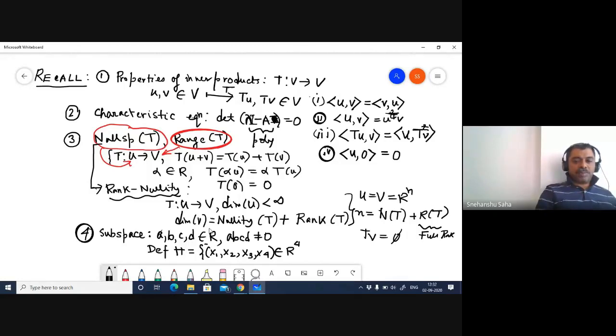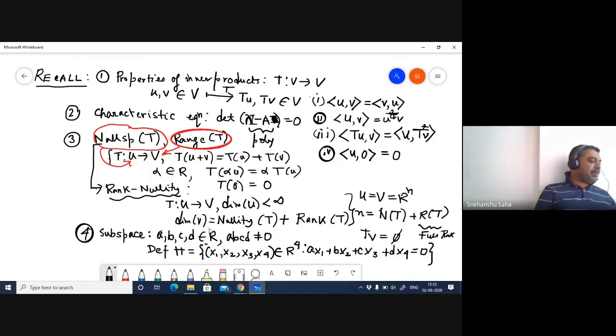And this obviously has to be a column vector, 4 by 1, such that a x1 plus b x2 plus c x3 plus d x4 is equal to 0. Okay, so this is how I define this space.